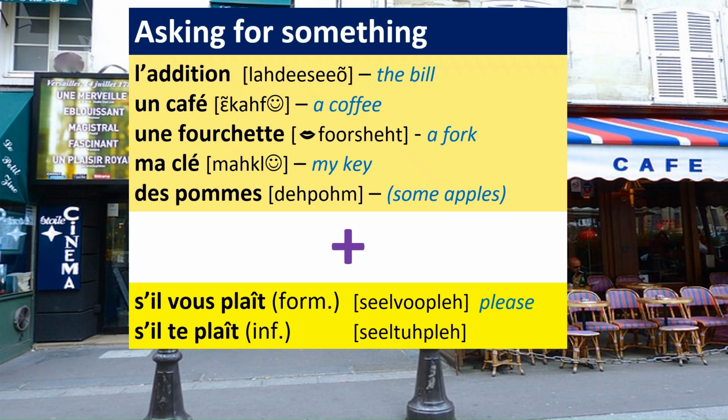For example, l'addition s'il vous plaît, un café s'il te plaît, une fourchette s'il vous plaît, ma clé s'il vous plaît, des pommes s'il te plaît. And this is perfectly acceptable, it's simple, and it communicates what you need.